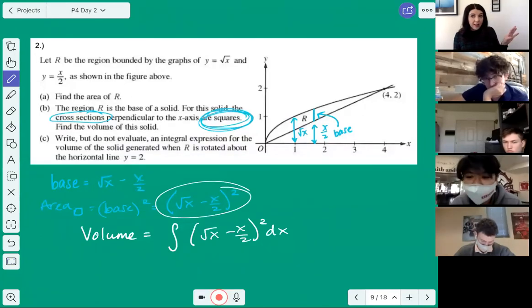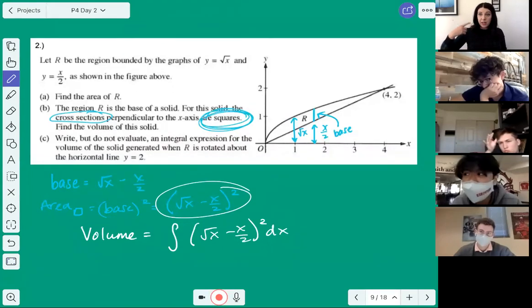The reason there's a pi in that other one is because we're coming up with a circle when we're rotating. There's no something squared minus something else squared. It's just the integral of the area. We do still need bounds. The bounds here are still going to go from 0 to 4. Okay, that's our setup. Any questions on that setup here?